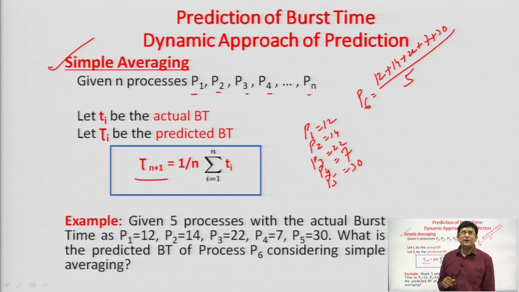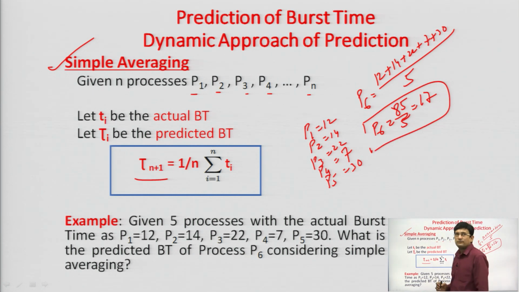This is the method that we have adopted for predicting the burst time of the future process, done by simple averaging. If you compute this value, 26 plus 22 is 48, plus 7 is 55, plus 30 is 85, divided by 5, so 17 is the predicted burst time of process P6.